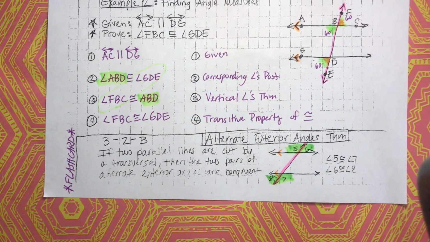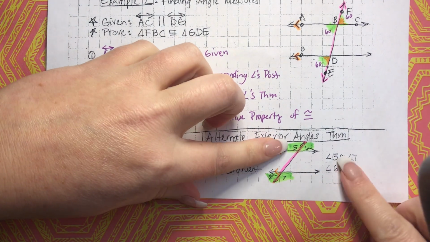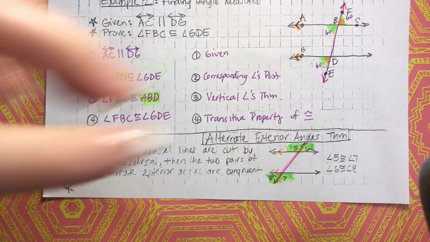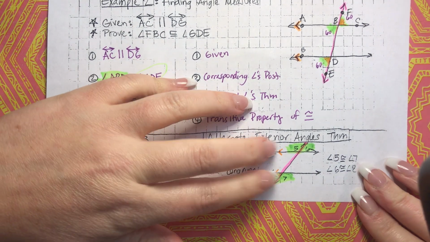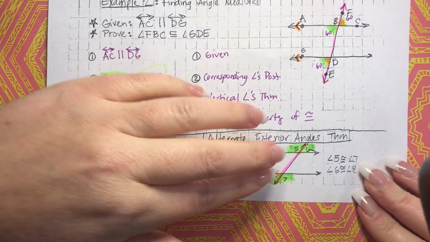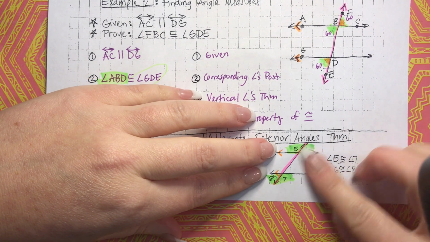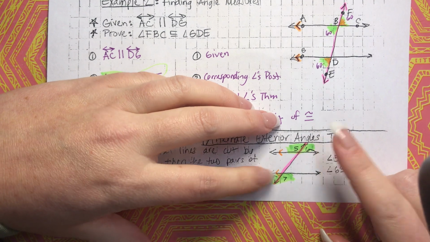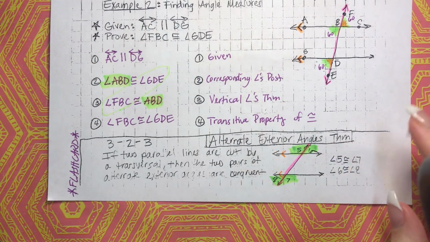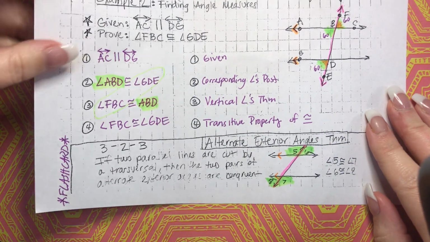So the alternate exterior angles, 5 and 7 are congruent, and also 6 and 8 by the alternate exterior angles theorem. But remember, the key is these two lines have to be parallel, and the parallel lines have to be cut by a transversal. Then you know angle 5 and 7 are congruent, and angle 6 and 8 are congruent. Whew, okay, that's a lot.